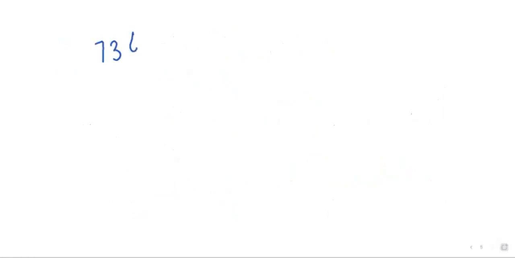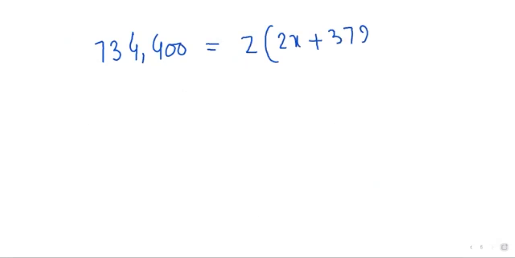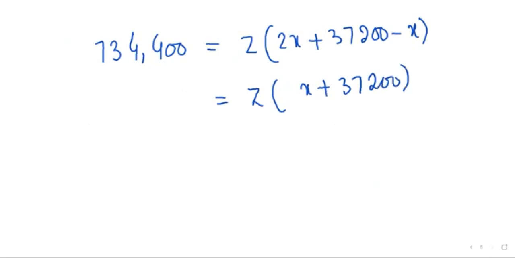So on the left hand side, we will have 734,400, which is equal to z times 2x plus 37,200 minus x. So it would be z times 2x minus x is 1x plus 37,200, and it is proved.